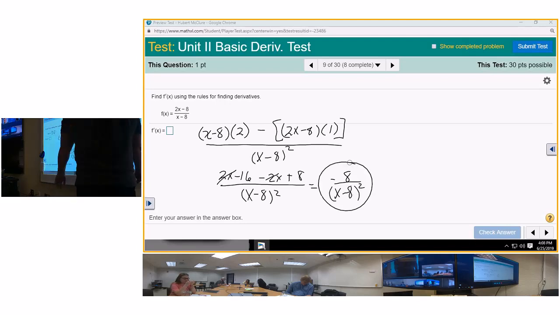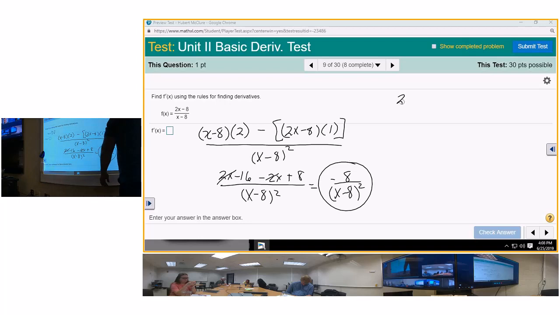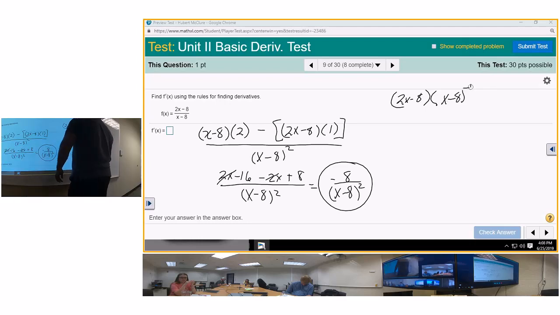Now let's do it by the product rule. 2x minus 8 times x minus 8 to the negative 1.